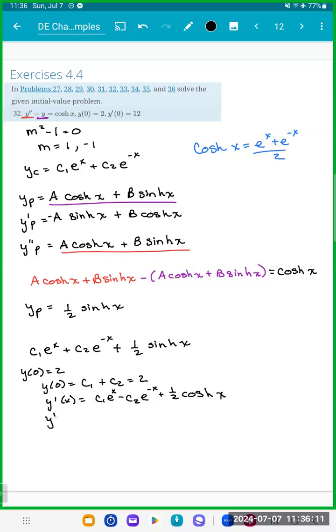And so when I sub in our second condition that y prime of 0 is equal to 12, we're getting that c1 minus c2 equals 12. So we have here then that c1 equals 7 and c2 equals 5. So our equation is going to be 7e to the x minus 5e to the negative x plus 1/2 sine h x.